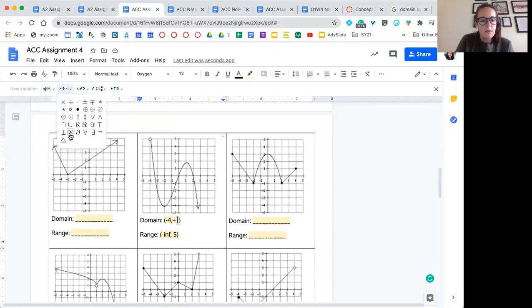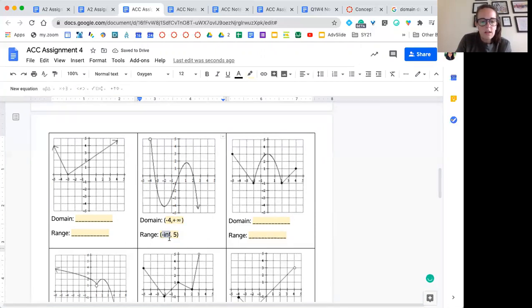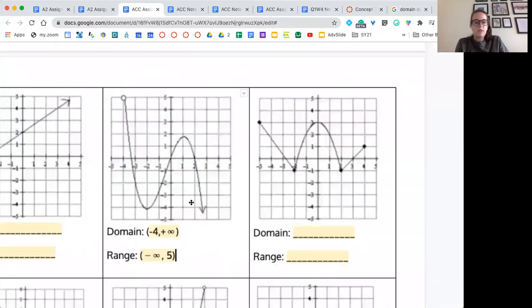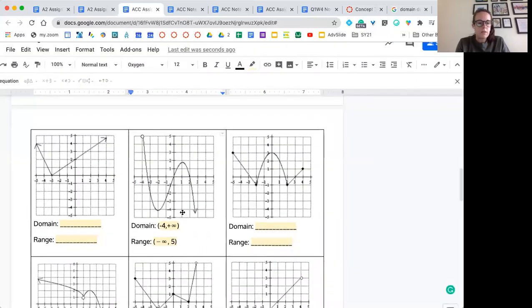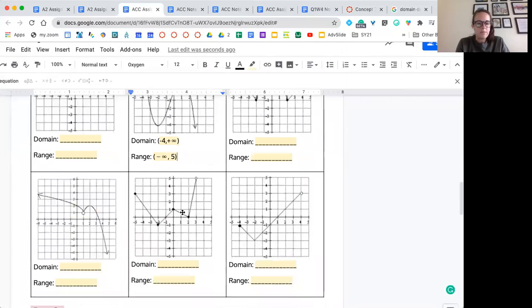You can press this button. That also means infinity. So you could use this as well here. We just want to make sure that this one is negative infinity. So you want to put that negative in front there. Okay. So for this one here, the domain is from -4 all the way to positive infinity, the range from negative infinity to +5. Let's go ahead and do another one with infinities in it just so we can get a hang of it.